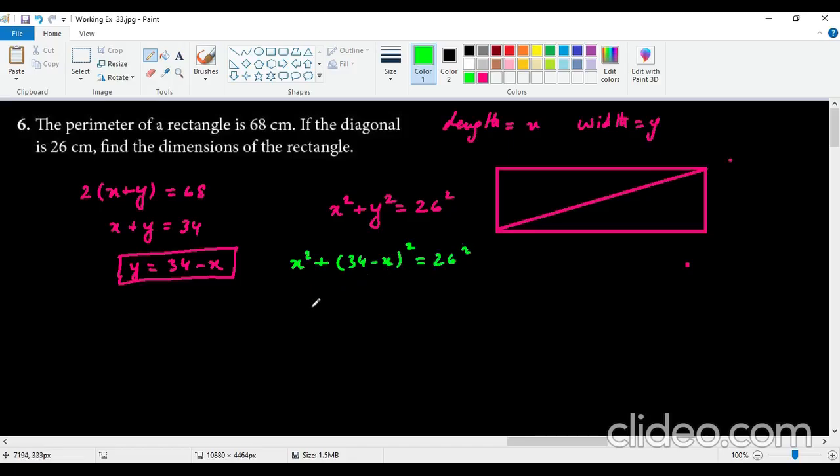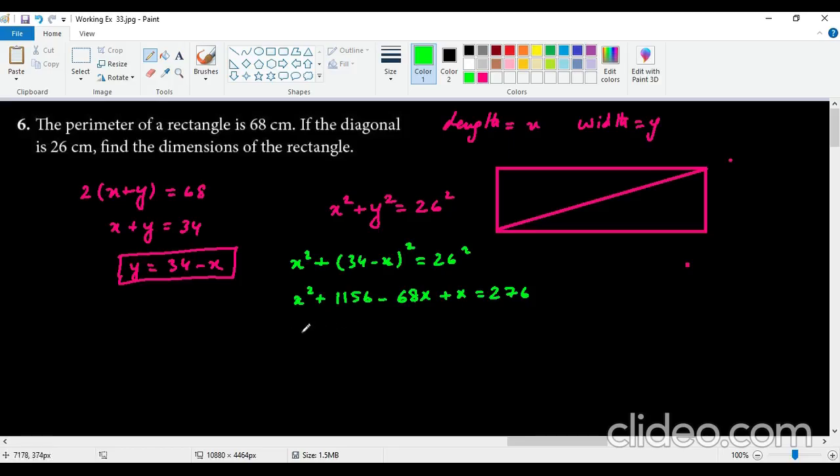This gives us x square plus 1156, and plus times minus is a minus, this gives us minus 68x plus x square, and this equals 26 square, which is 676. Now we have a quadratic equation here.